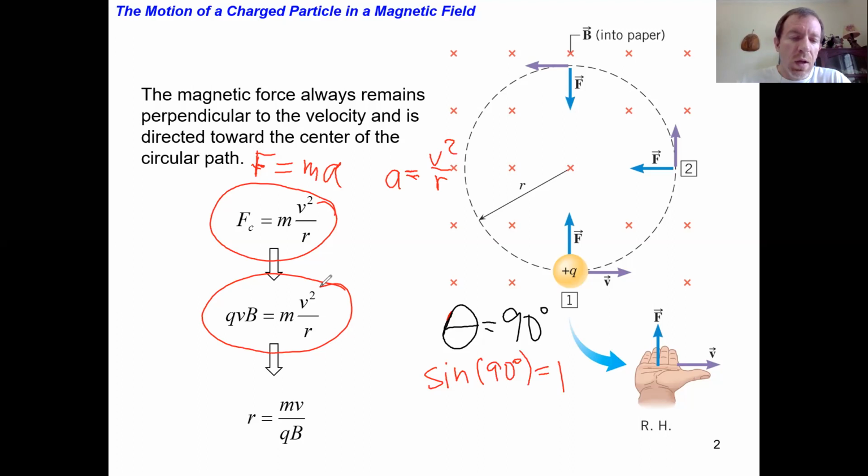So r is equal to mv over qB. If I know the mass of my particle, the velocity, the charge, and the magnetic field, seems like I have to know an awful lot, then I can figure out the radius of the circle that this charged particle will move in if my velocity and my magnetic field are perpendicular, a 90-degree angle.